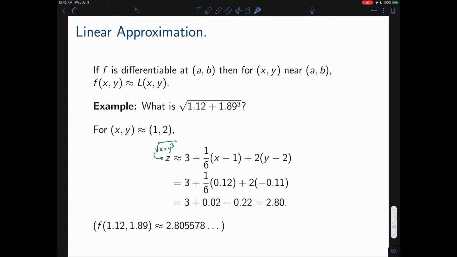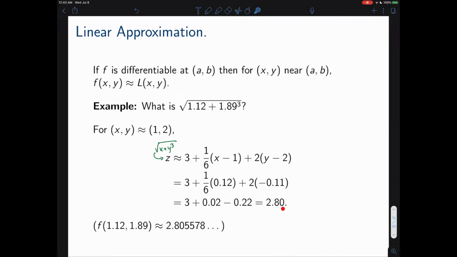If you put this original expression, the square root of 1.12 plus 1.89 cubed, into a calculator and got more decimal places, you would get 2.805578 and then some more decimal places. So our linear approximation was pretty good.